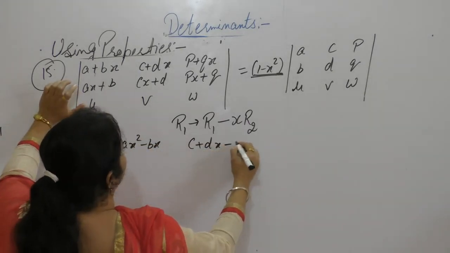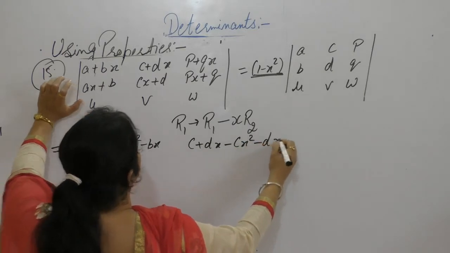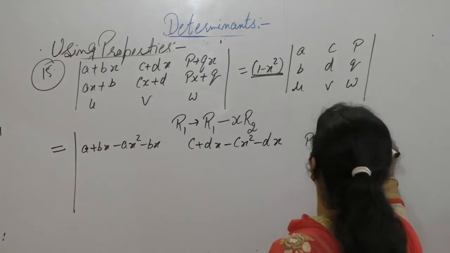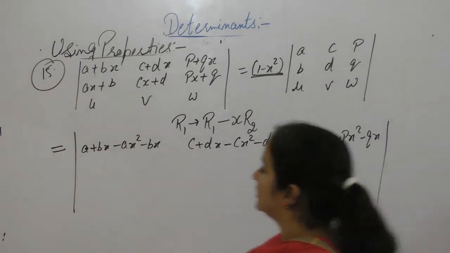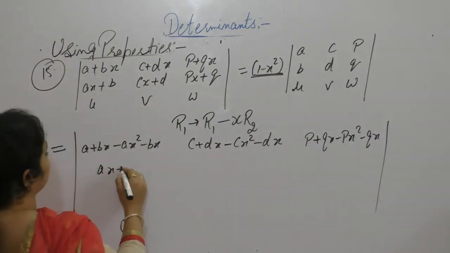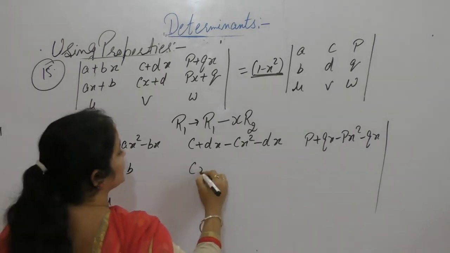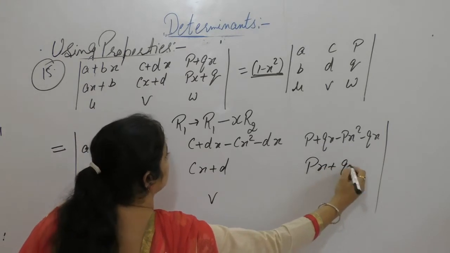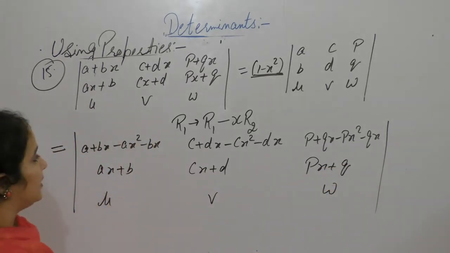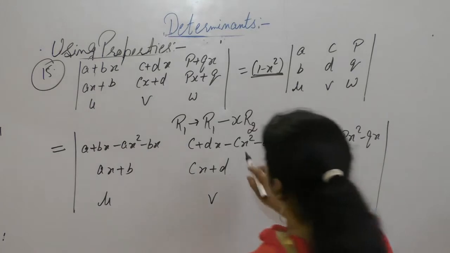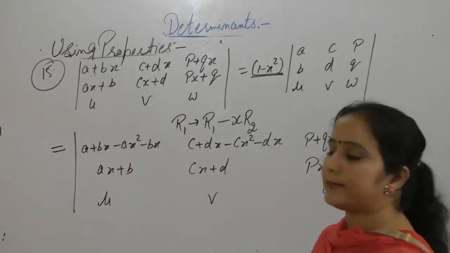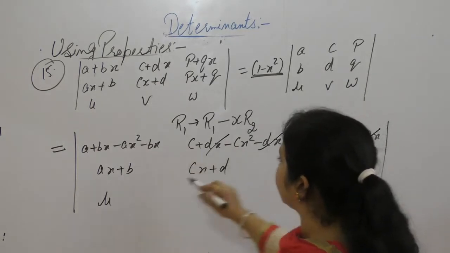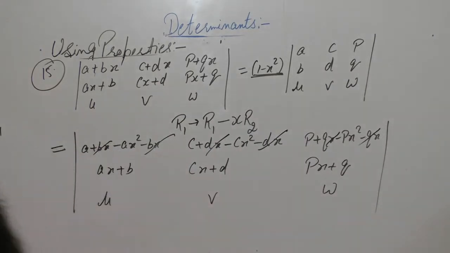Next is Ax plus B, U, Cx plus D, V, Px plus Q, W. Now what we have left here, by taking C common, 1 minus x square, dx will get cancelled, qx will get cancelled and dx will get cancelled.